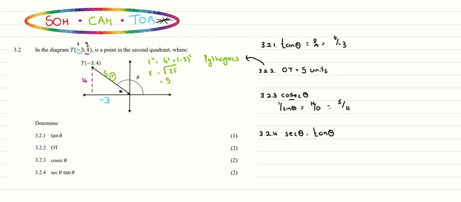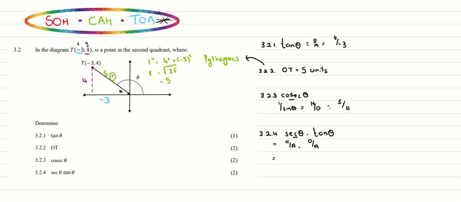The final question here is the product between sec theta and tan theta. Again, sec is the inverse of cos. So instead of having adjacent over hypotenuse, we have hypotenuse over adjacent multiplied by tangent, which is opposite over adjacent. Now we fill in.